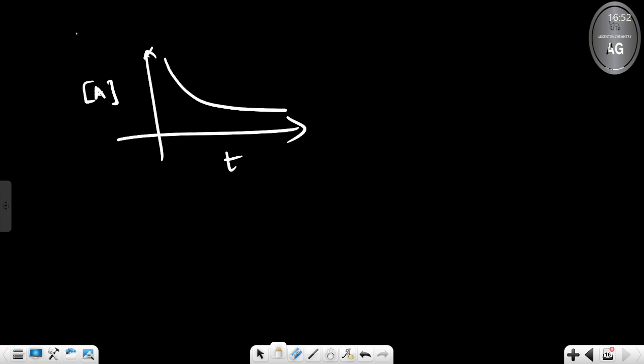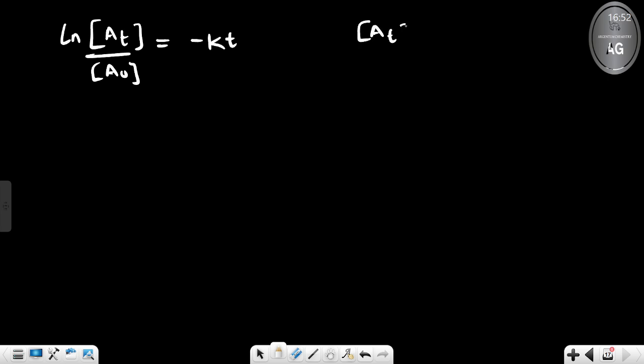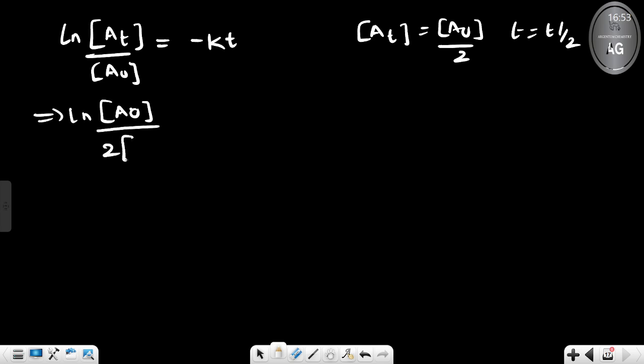Now coming to t half. As we have seen the equation already, ln of at by a0 equal to minus kt, right? At t half, we know at will be equal to a0 upon 2, and t will become t half. So ln of a0 by 2 into a0 equal to minus k t half.